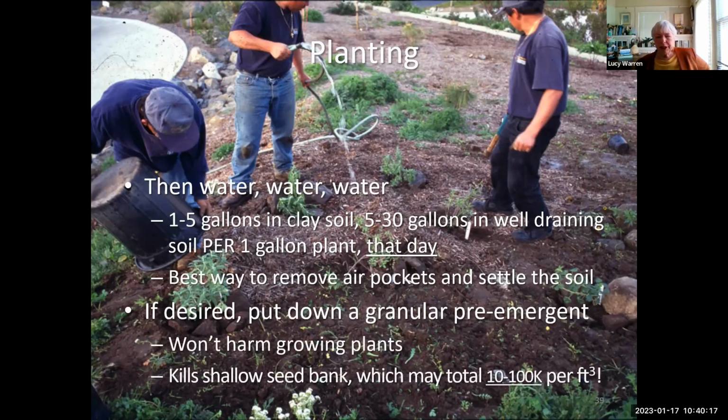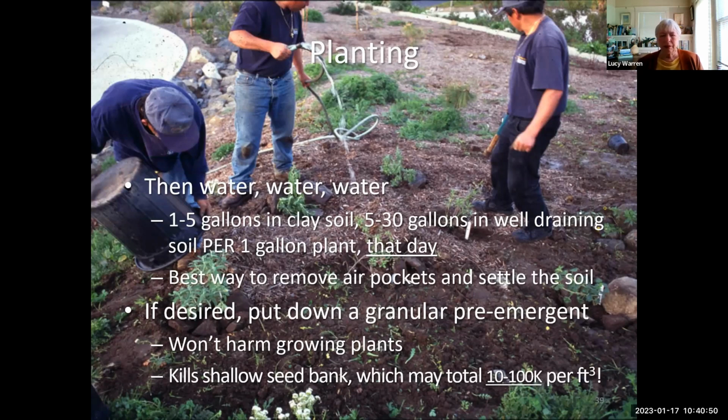If you have a large area and you know that there have been a lot of weeds in the area, perhaps it wasn't sod, their seeds, you might want to put down a granular pre-emergent. We do not recommend very many chemicals in native plants, but what the pre-emergent does is it keeps that seed bank from sprouting.